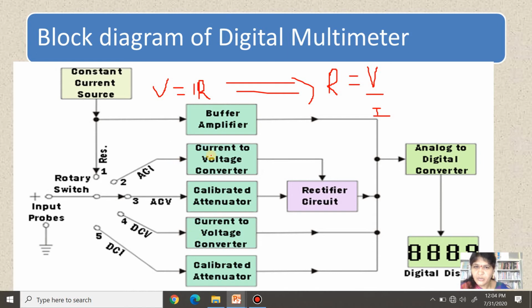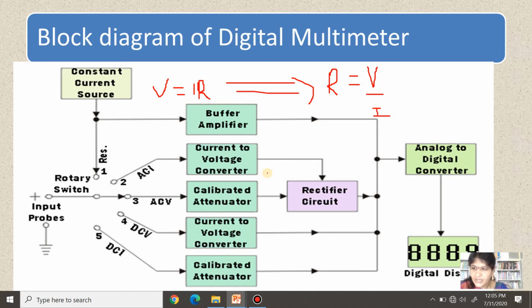Your current to voltage converter is followed again by a rectifier circuit, which rectifies the signal, then an analog to digital converter, then the digital output. This is for the DC measurement, that is DC current and DC voltage. So for voltages we use the attenuator, and for current we use the current to voltage converter. This is the block diagram of the digital multimeter.